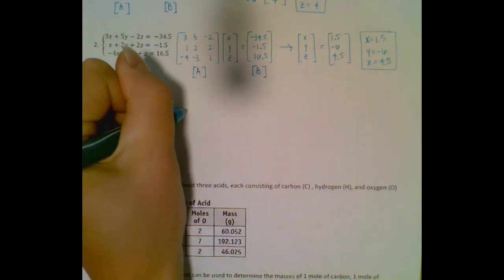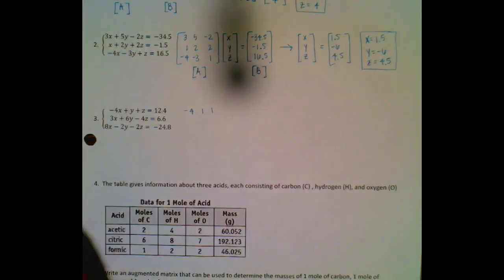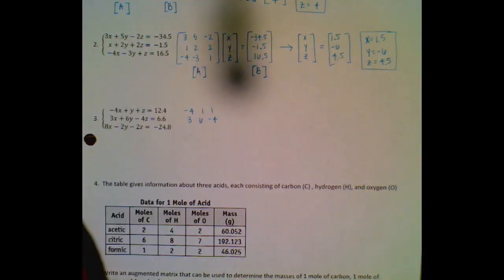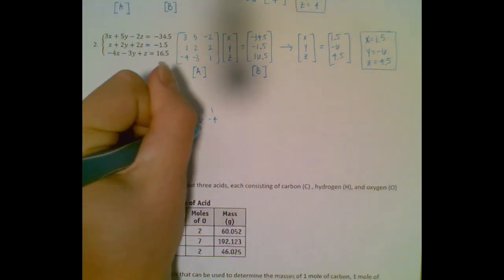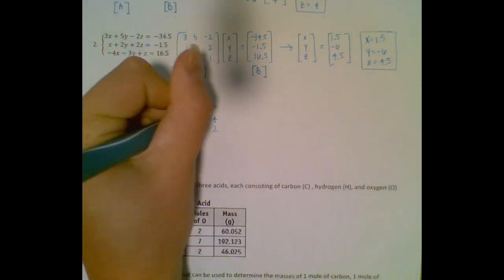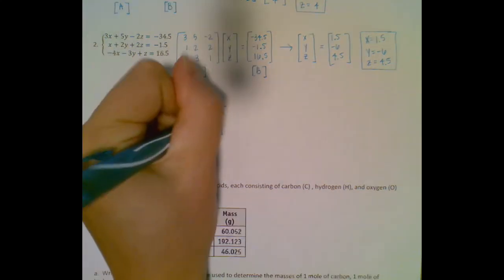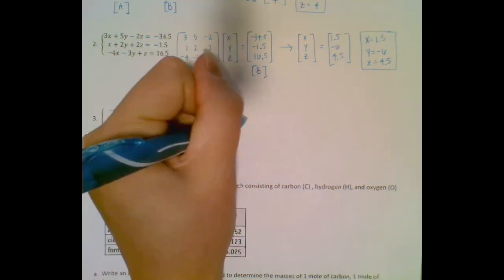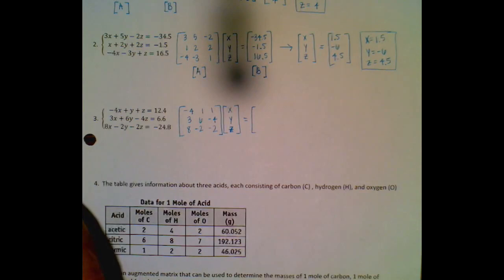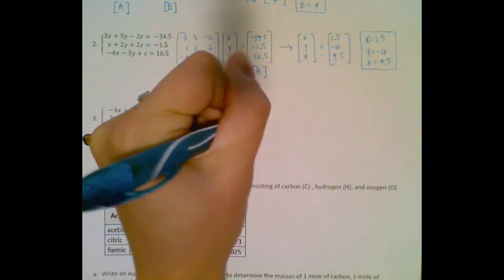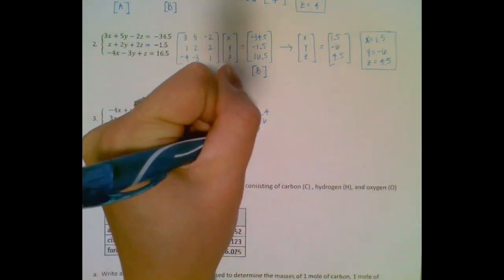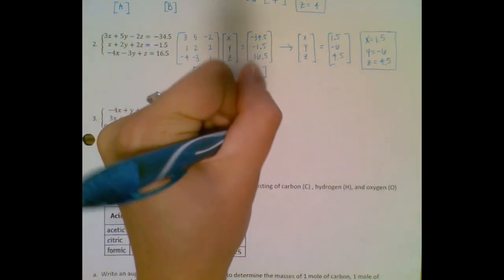So our coefficient matrix is 4, 1, 1, 3, 6, -4, 8, -2, -2. XYZ equals 12.4, 6.6, -24.8.